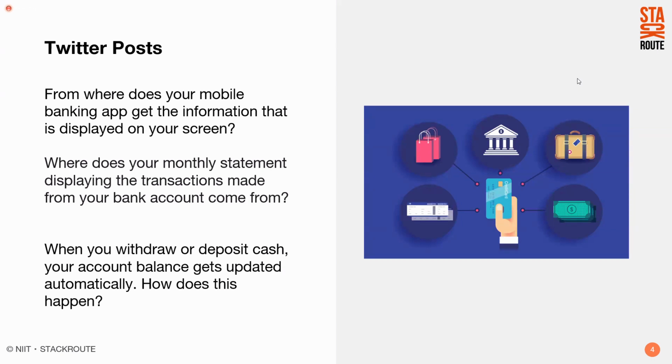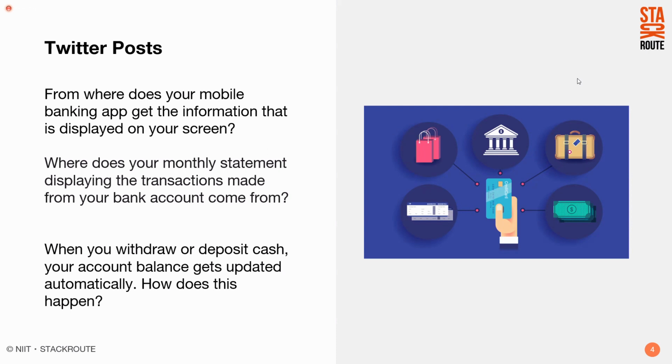From where does your mobile banking application get the information displayed on your screen? Every time you open your mobile banking, all your transaction balance and account information will be there. Have you ever thought, from a developer point of view, where the data is actually stored and retrieved from?